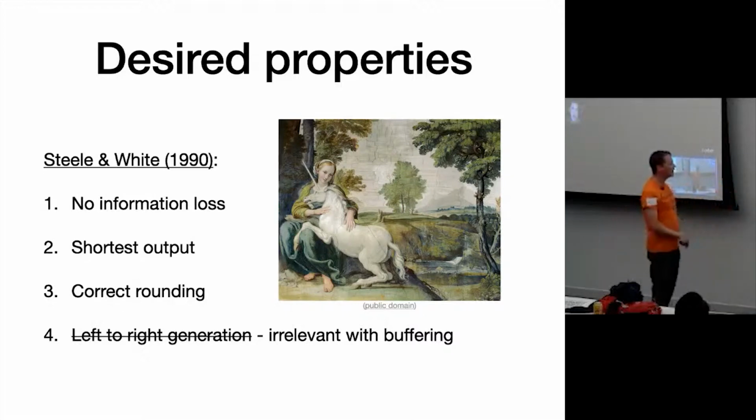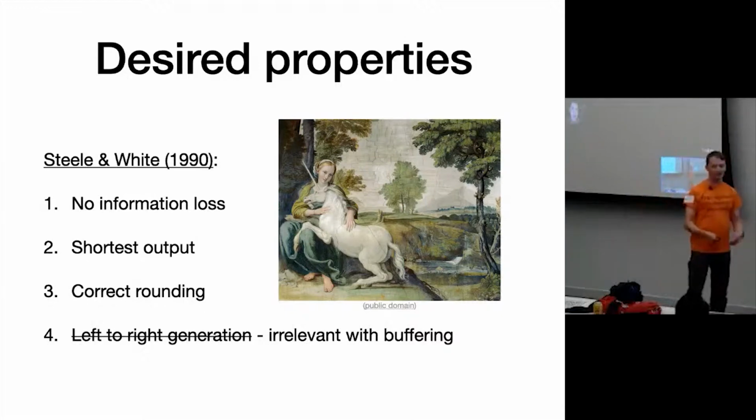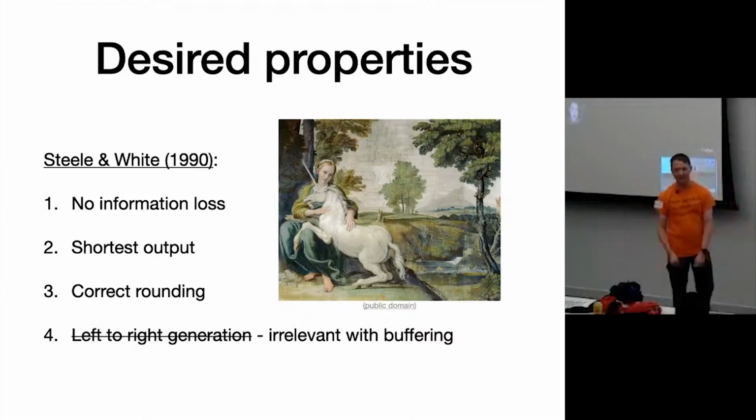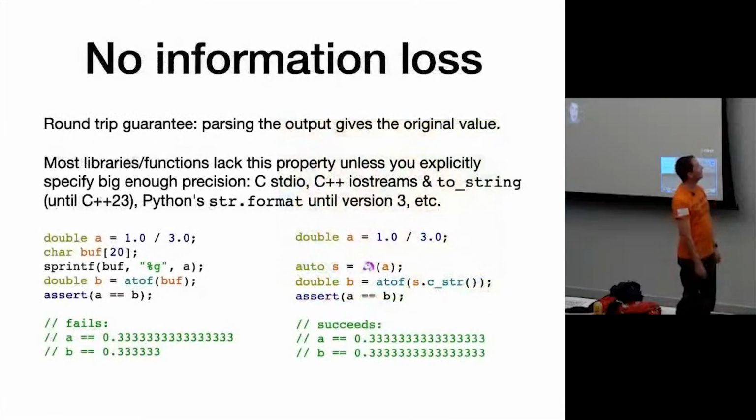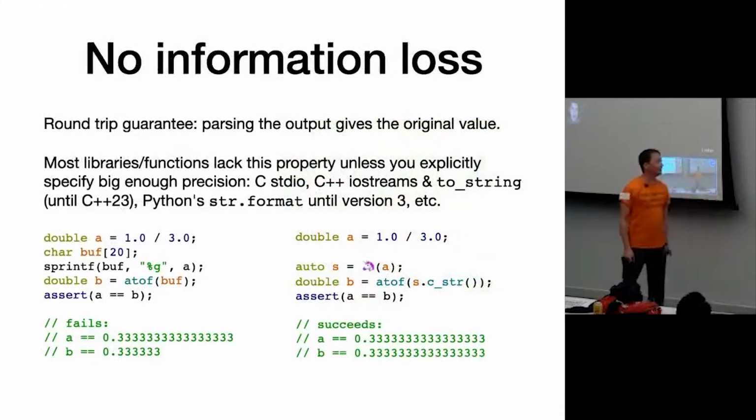It doesn't matter anymore with modern computers. It only matters if you write to a tape or something, digit by digit. I would denote the set of properties 1 to 3 as the unicorn or ideal algorithm. So let's look into these properties in detail.